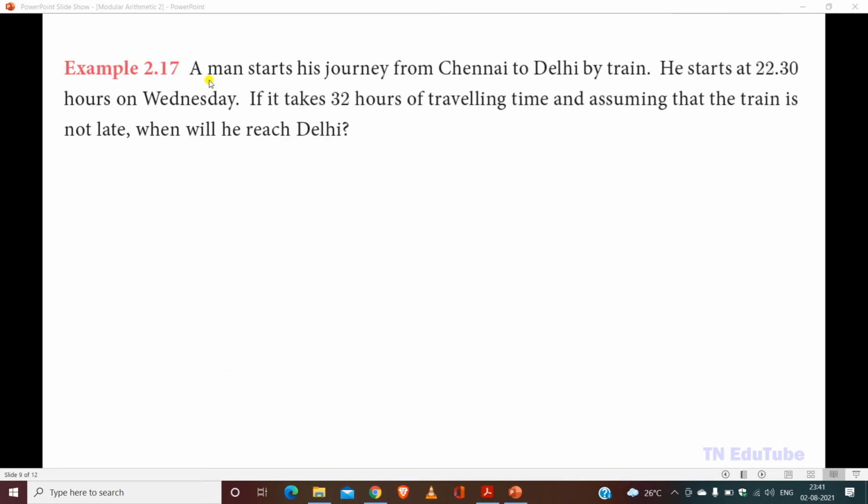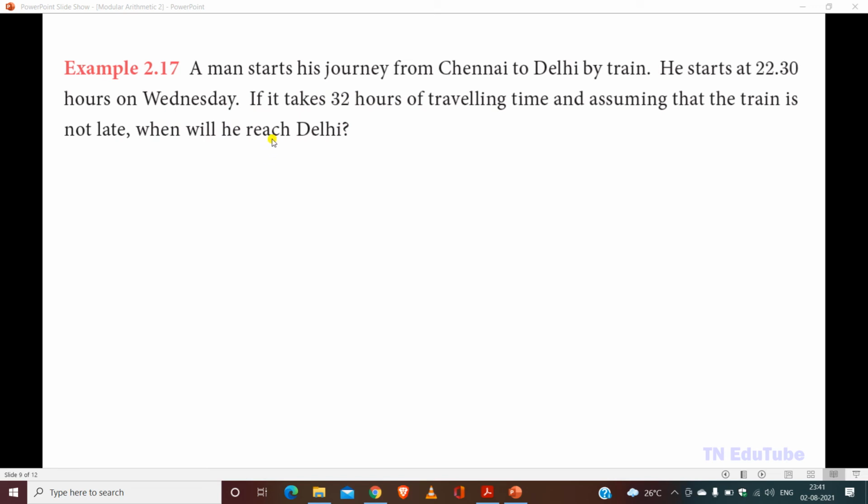Next question is 2.17. A man starts his journey from Chennai to Delhi by train. He starts at 22:30 hours on Wednesday. If it takes 32 hours of traveling time, and assuming that the train is not late, when will he reach Delhi?